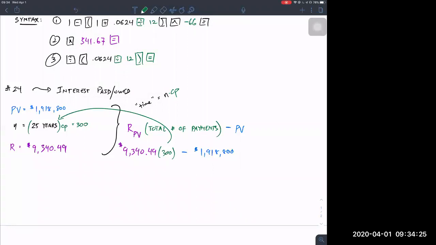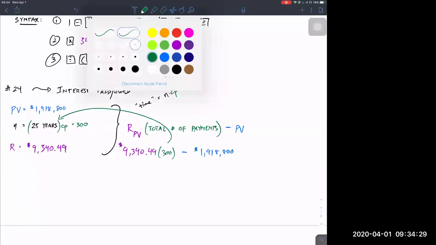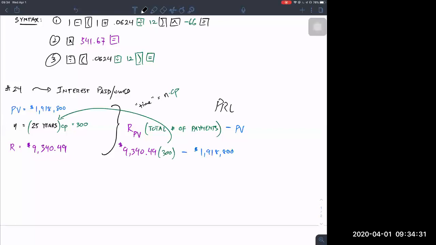Now, my follow-up question is, how do we know this is different from, remember this is present value here? Then I'll say here, follow-up question. What about future?